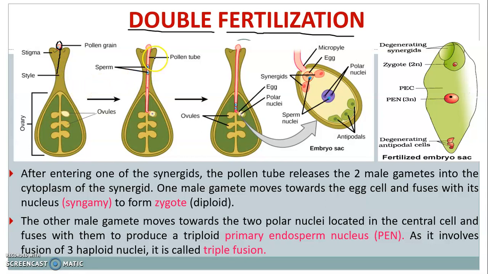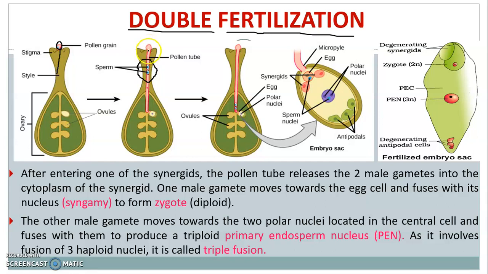In this diagram you can see that this pollen grain produces its pollen tube, and this pollen tube contains two male gametes. So how many gametes? Two male gametes, which are present within the pollen tube.